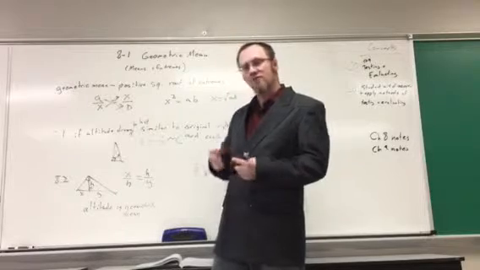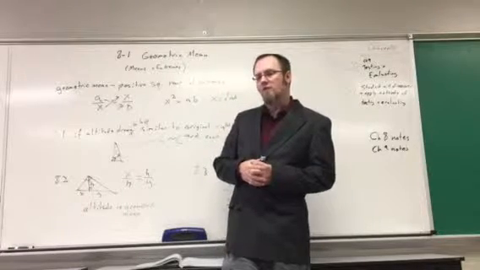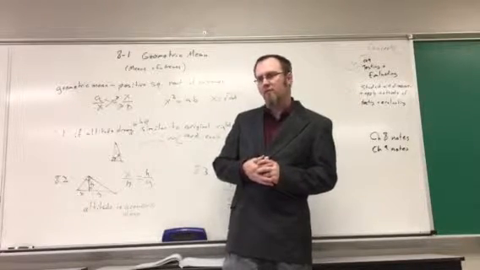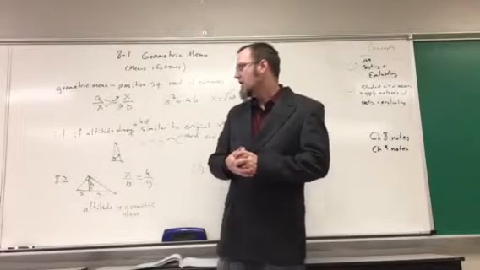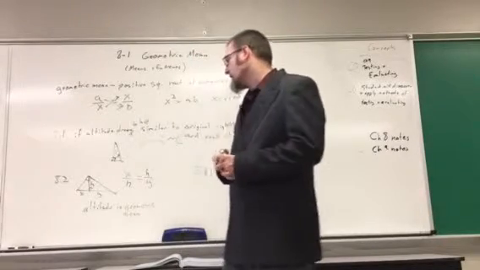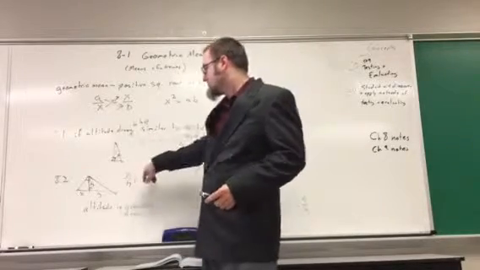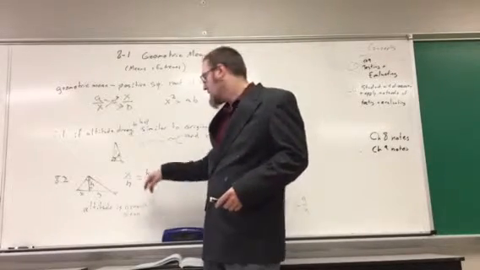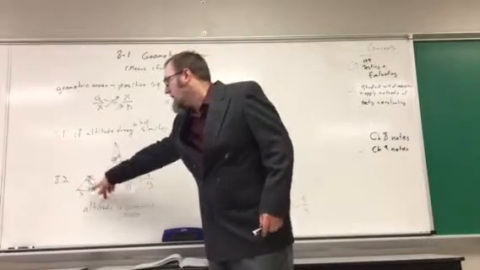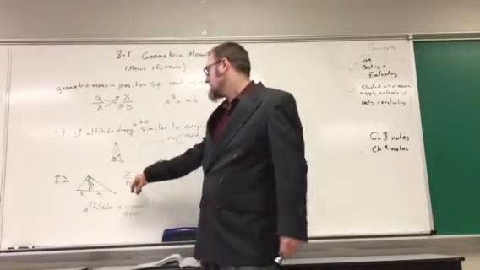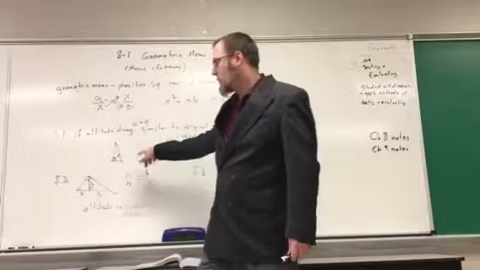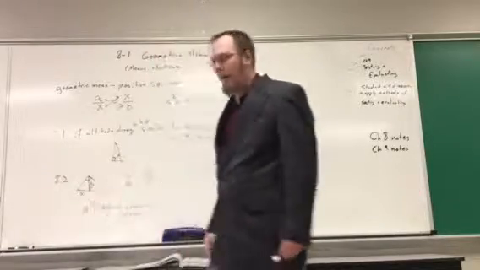It's the two legs of the triangle, so it's going to be proportional there. That altitude is the geometric mean, so we end up with H squared is equal to XY. So the length of that altitude is going to be equal to the square root of X times Y.